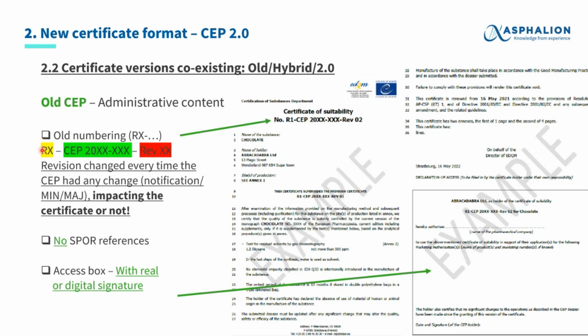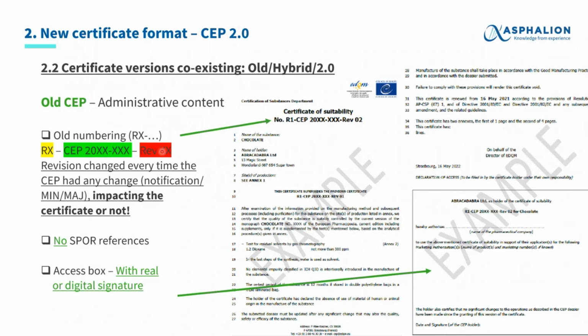First, the part of the number that I marked here as yellow is the renewal number, that starts with R0 and then the correlating number R1, R2 every time the CEP is renewed. Then the part of the number that is green is the ID of the CEP, the number that never changes. And the last part of the number marked here in red is the revision of the CEP.